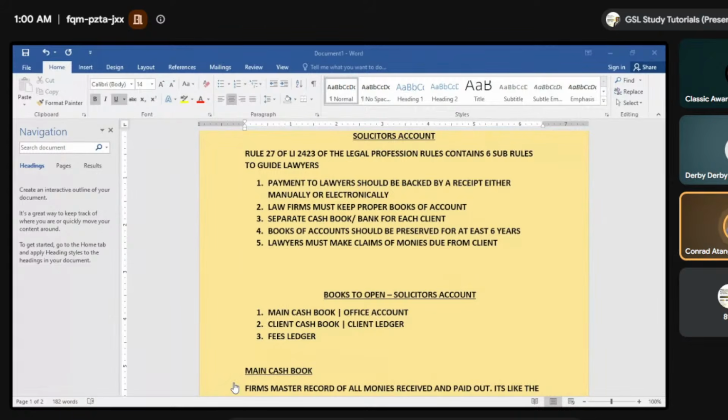And I think the last one was the client ledger, which I think is meant for the client. It records all the transactions of the client. It's a personal ledger for the client. I don't know if I've covered all. Yes, that's brilliant.